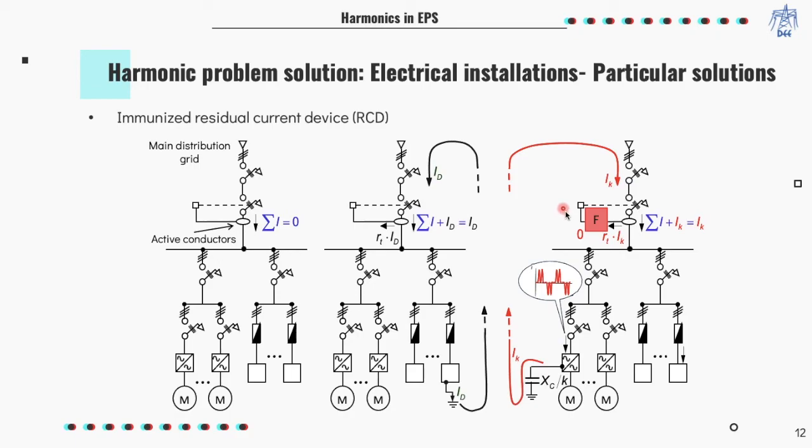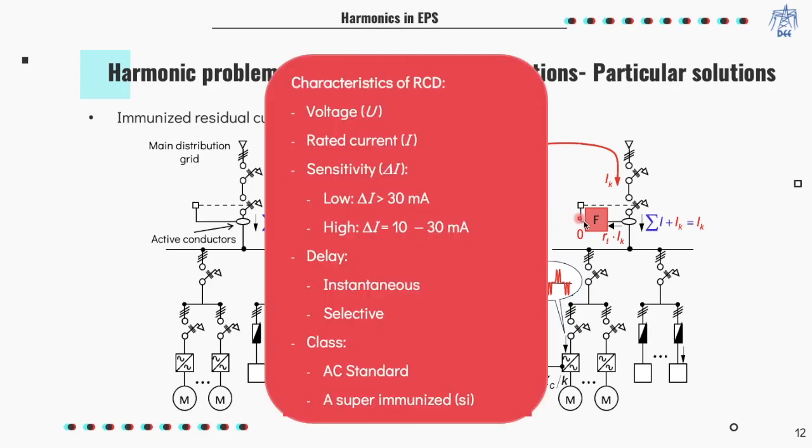To avoid this problem, immunized residual current devices can be installed which have a high-frequency filter to block the high-frequency currents measured by the device, avoiding the opening of the switch. The main characteristics of the immunized residual current devices are the voltage, the rated current, the sensitivity of the trip current, the delay of the switch trip, and the class.